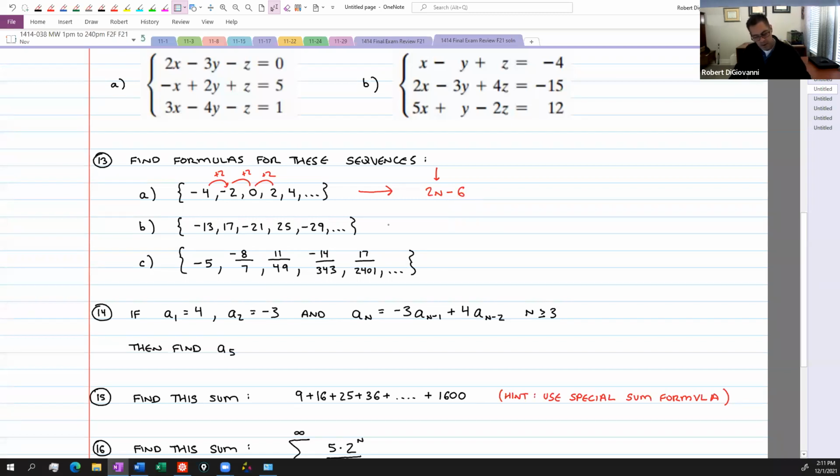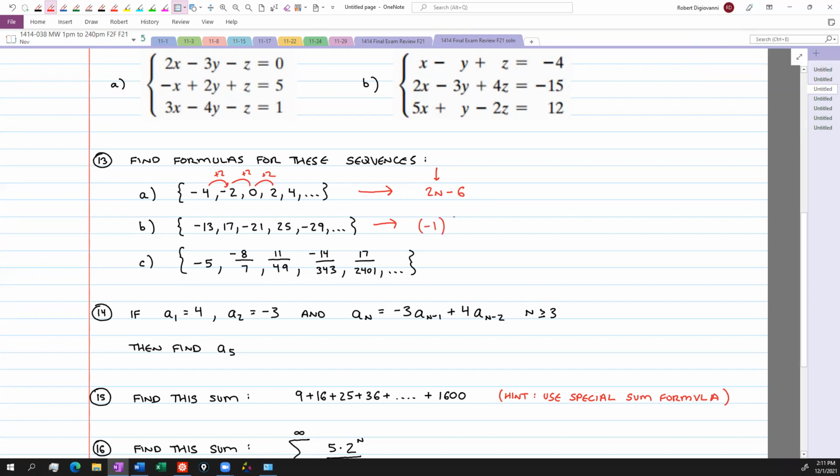Good. How about this one? It alternates, yeah? Negative, positive, negative, positive, negative. So -1 to what power?